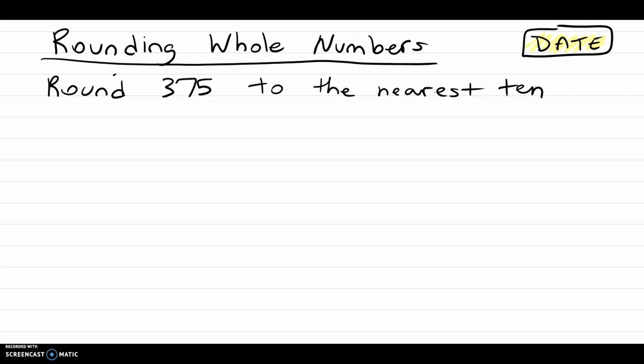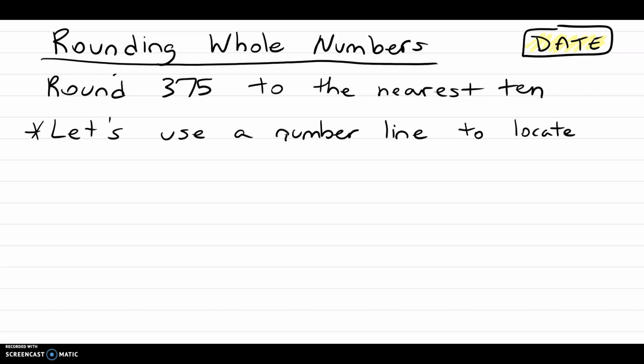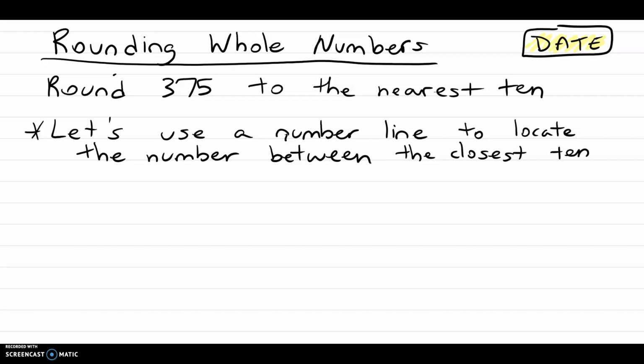So we're going to use a number line to locate the number between the closest tens. So we'll draw a little number line here. And then counting by tens, we go to the nearest tens.